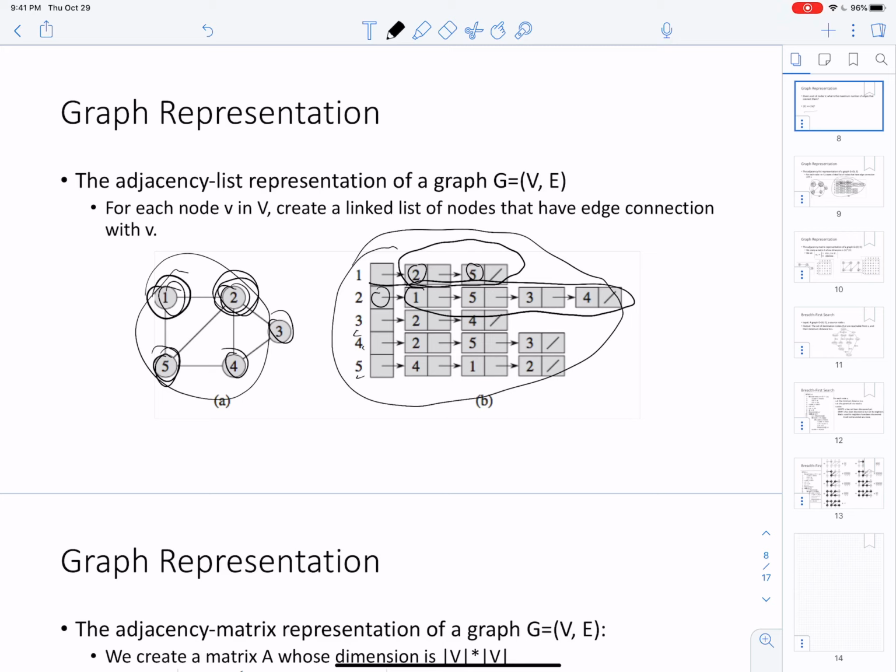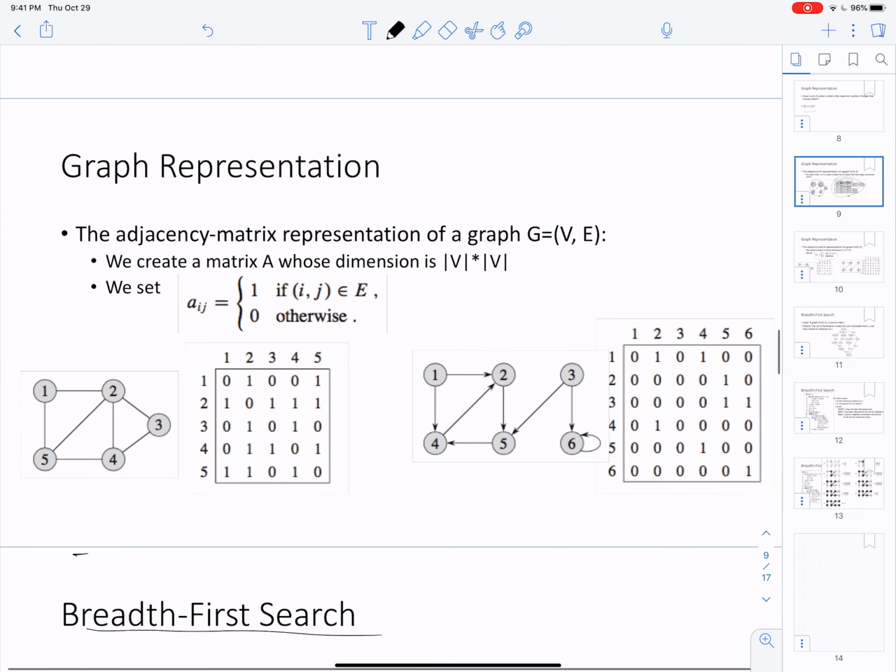But this way is not going to be easy, because you have to manually create these linked lists, and it's time consuming. So that's why people proposed another data structure named adjacency matrix, which is much easier compared with the adjacency list representation.